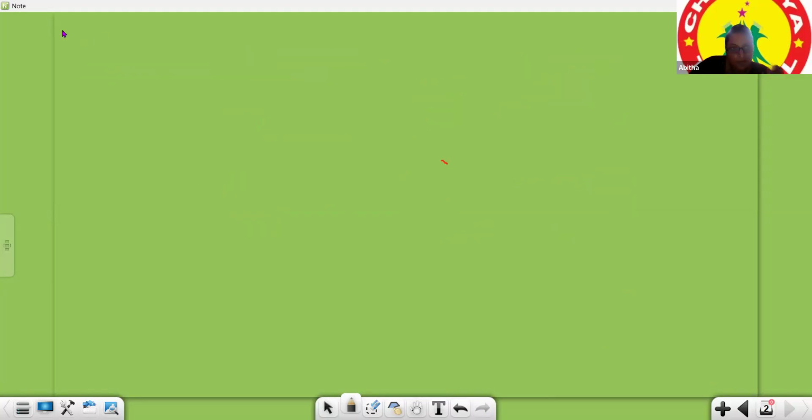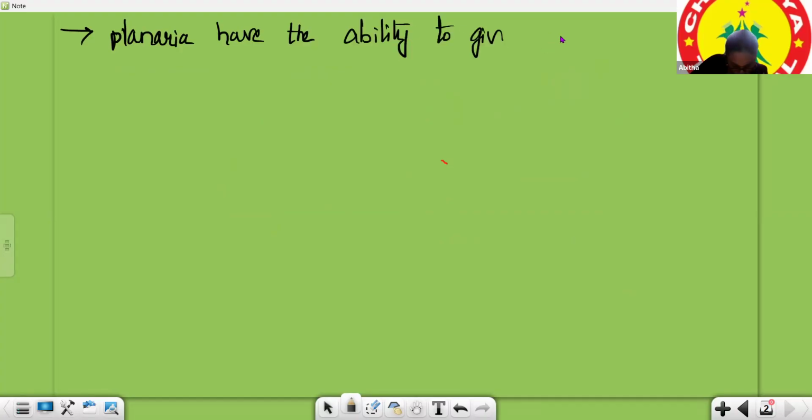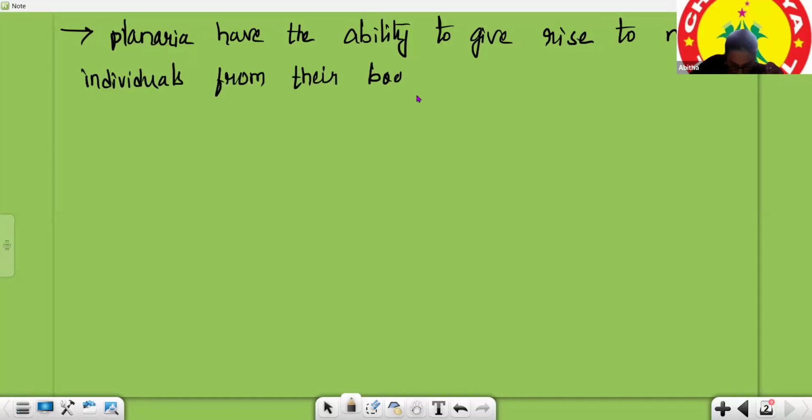Okay, let's write points about this. Planaria have the ability to give rise to new individuals from their body parts. This process is called regeneration.